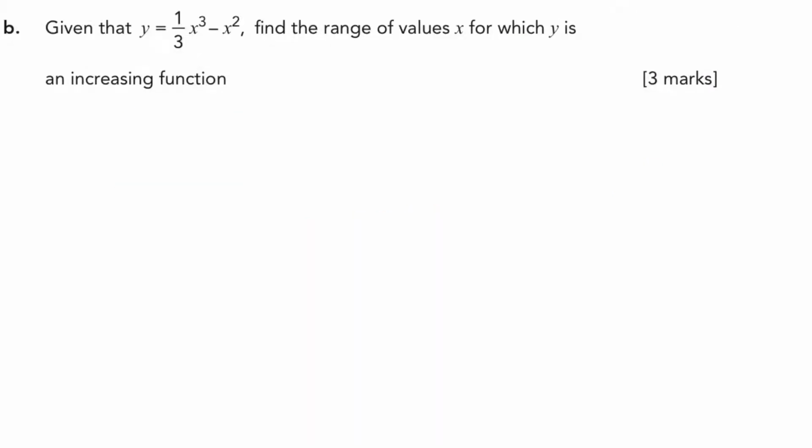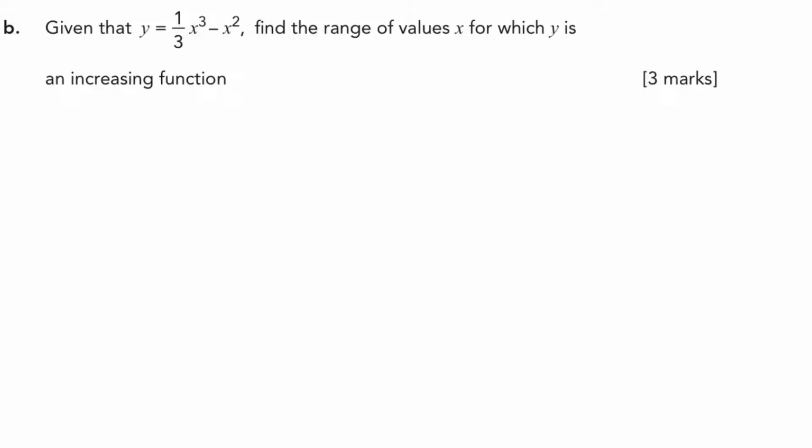Moving on to the next question. They have given us an equation and we have to find the range of values of x for which y is an increasing function. It's a 3-mark question. It is one of the most repeated questions and it has a format of solving. They give marks in a very specific manner. So I'll explain that to you.